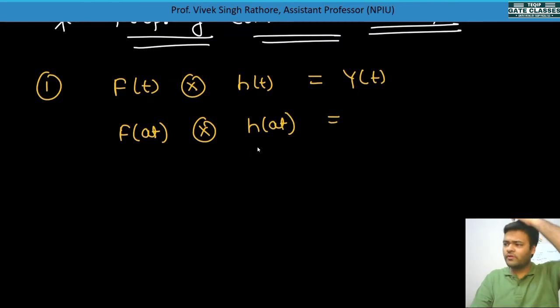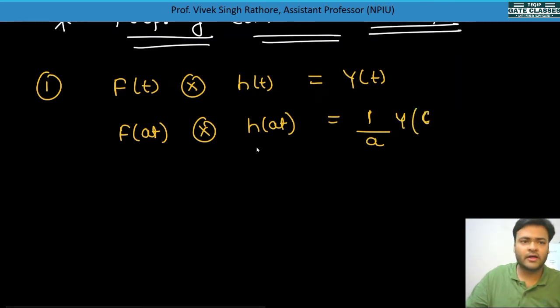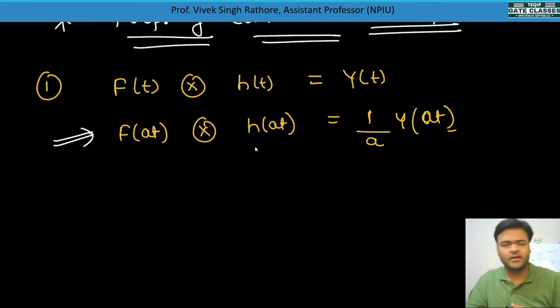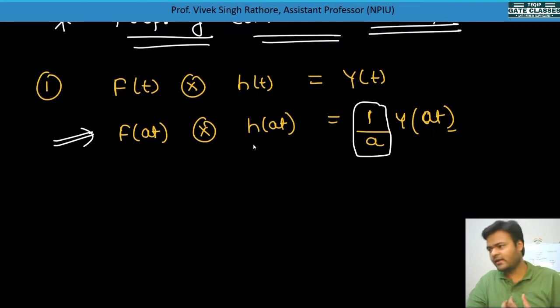Then we will get 1 by a times y of at. So whenever a signal is time scaled and your impulse response is also time scaled, you'll get output with the same scaling factor, 1 by a, and your output will also be time scaled by a. This is the time scaling property of convolution.